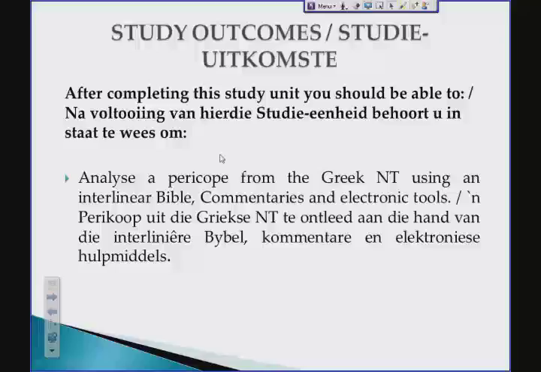But you will remember my philosophy. I prefer you to read your Greek and master your Greek first before you go to the interlinear Bible or commentaries or Libronics or Logos.